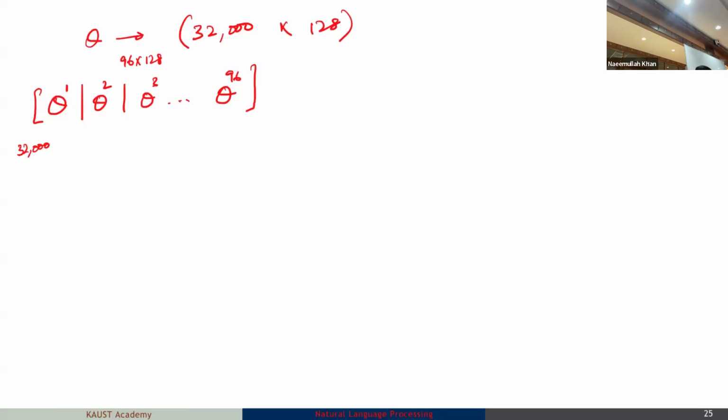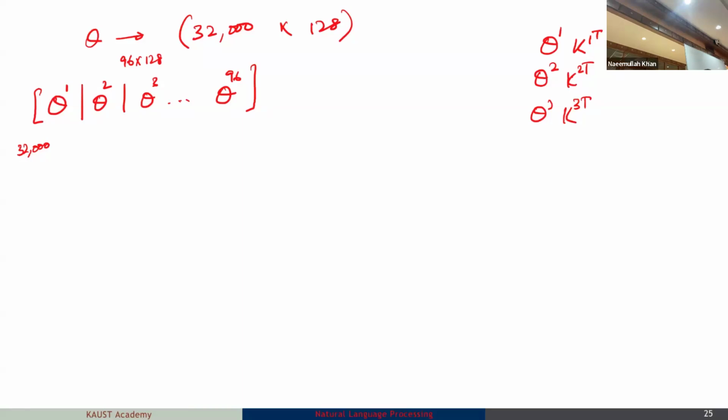Now remember, what do I want? I want the matrix multiplication of Q1 with K1 transpose. I want the matrix multiplication of Q2 with K2 transpose. I want the matrix multiplication of Q3 with K3 transpose. How can I do that? I want to create a matrix of keys such that the output gives me this. Put them in a column. Sure.